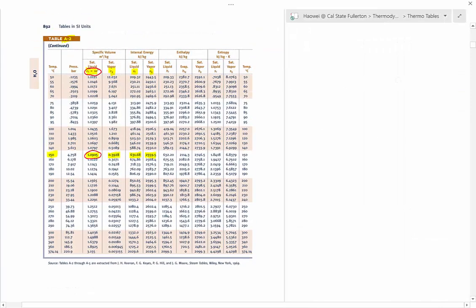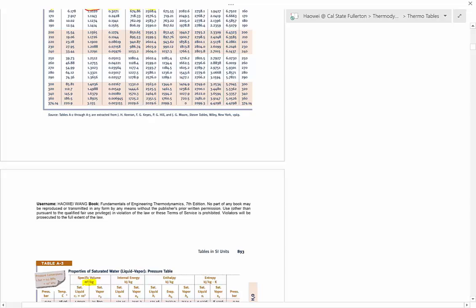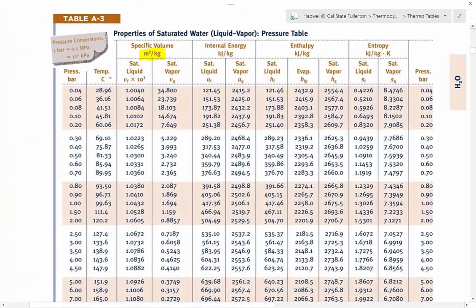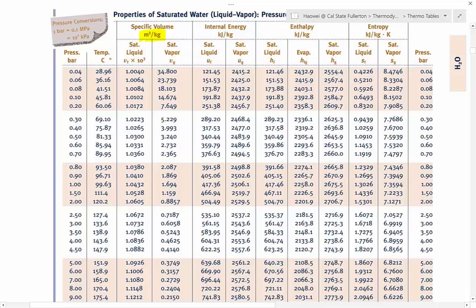Remember, we're going to table A3. This is table A3, and we start from pressure. Pressure is in the first column. Our pressure is 7 bar, so we look for 7 bar. This is where 7 bar is. Then we find the corresponding nu F, which is in column number 3. Nu F times 10 to the third, and the value is 1.1080.